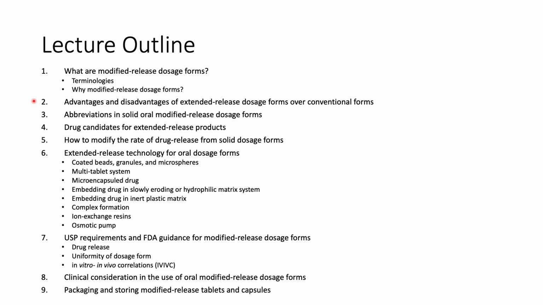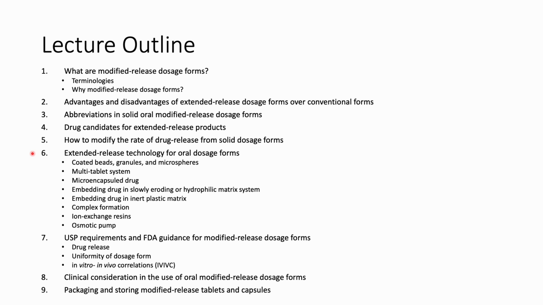Advantages and disadvantages of extended release dosage forms over conventional forms. 3. Abbreviations in solid oral modified release dosage forms. 4. Drug candidates for extended release products. 5. How to modify the rate of drug release from solid dosage forms.